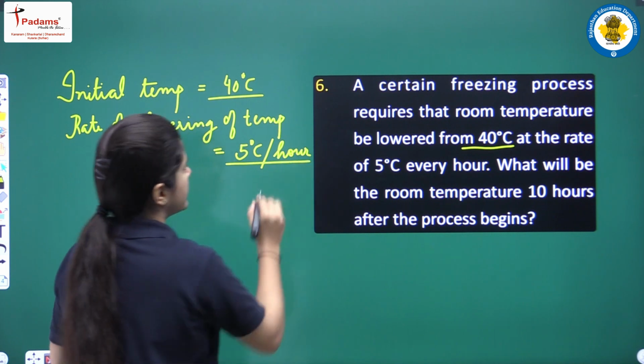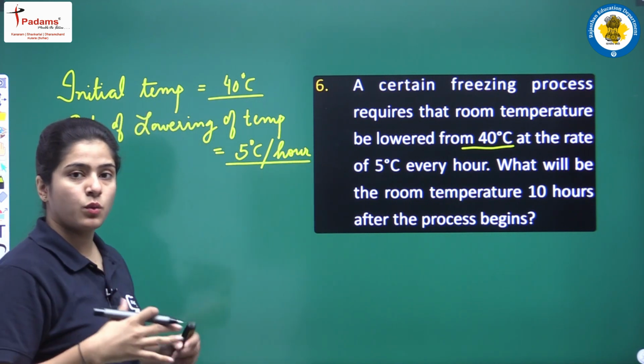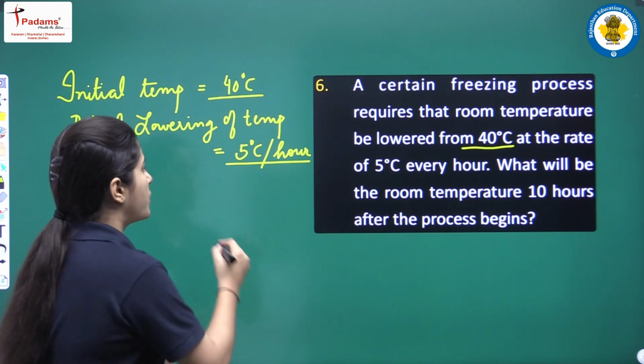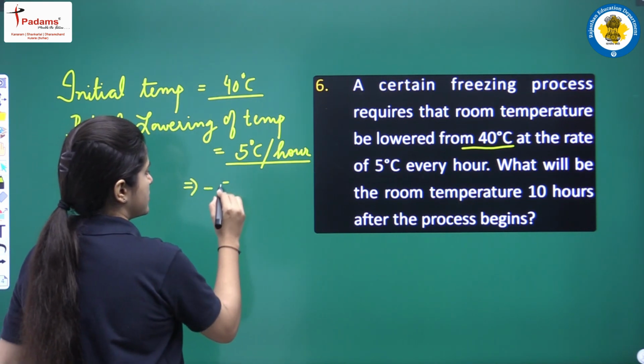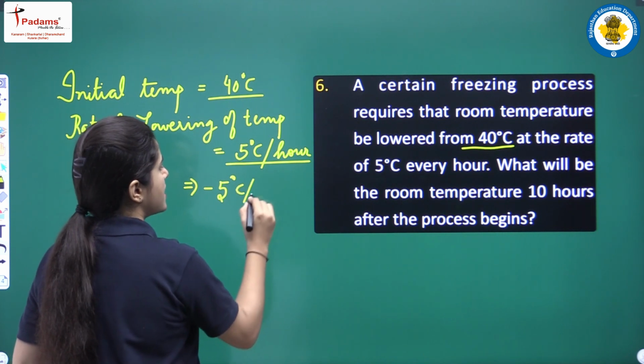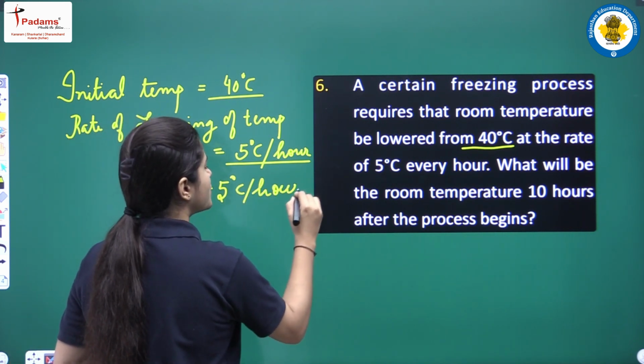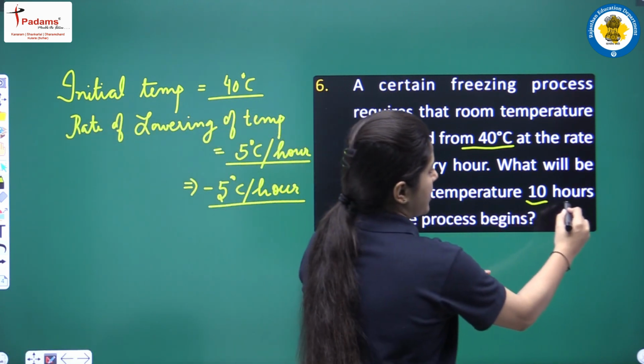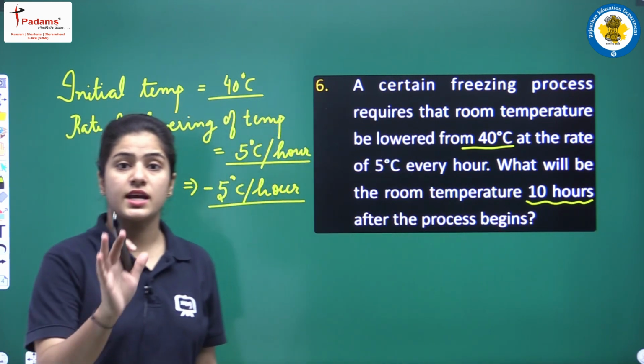Now students, this rate is what? The lowering rate at which temperature is decreasing, right? So we'll take it as negative. So minus 5 degrees Celsius per hour. And the temperature is lowering for 10 hours.